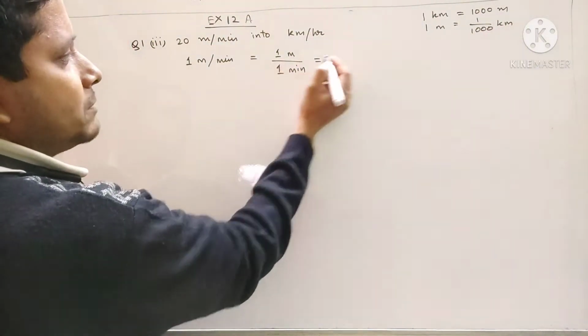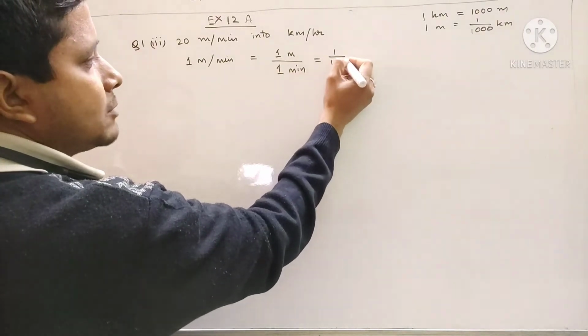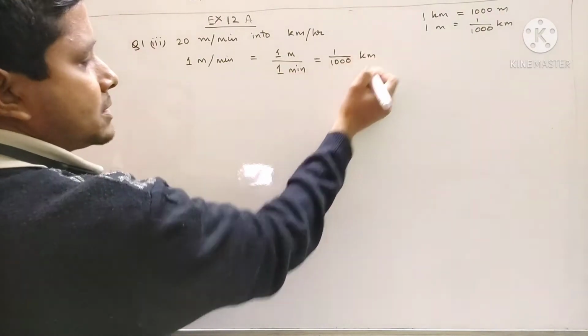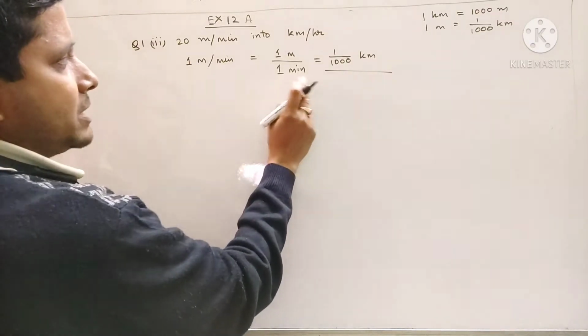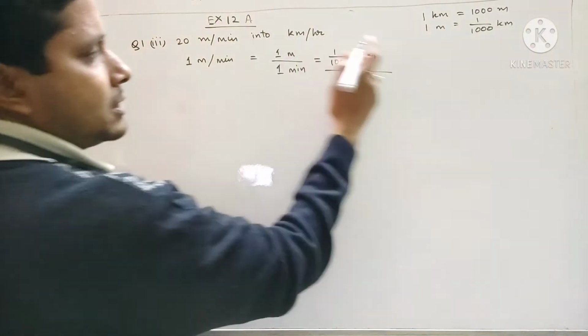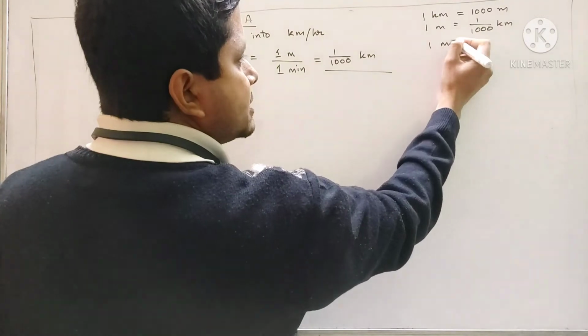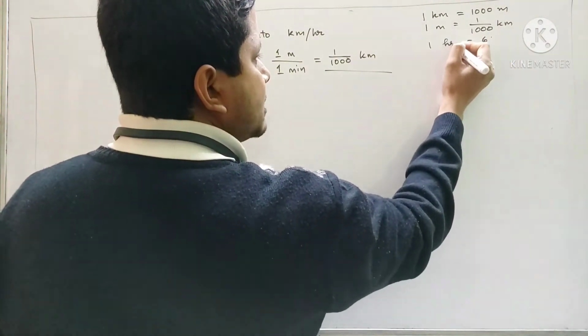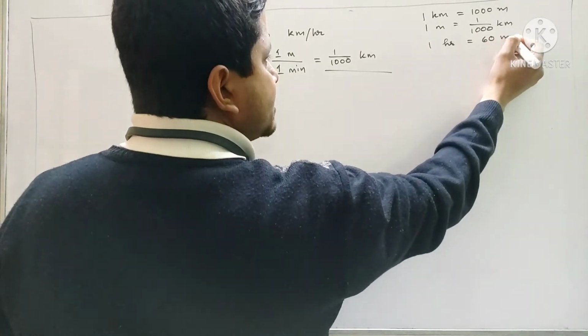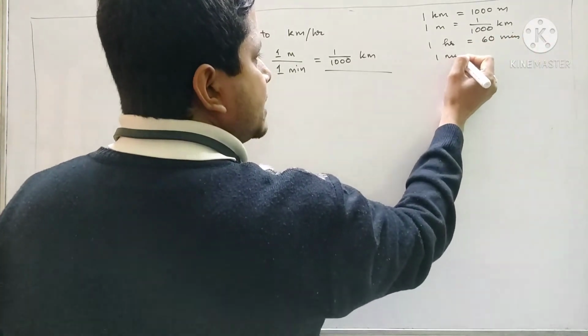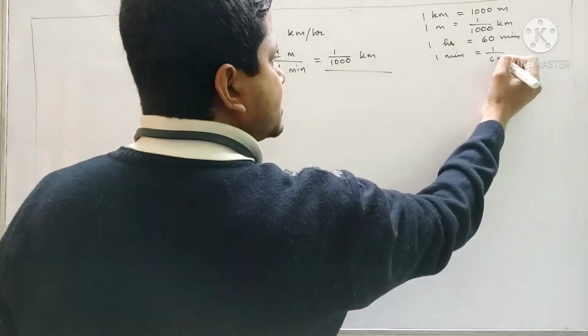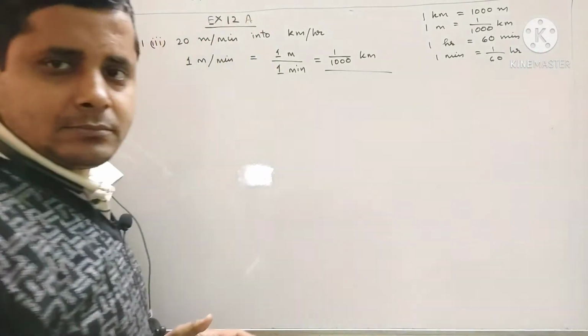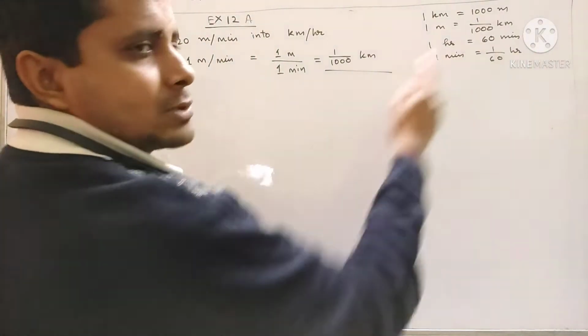So in place of 1 meter, we can write 1 by 1000 kilometer by, now here 1 minute, we have to convert this minute to hour. 1 hour is equal to 60 minutes.